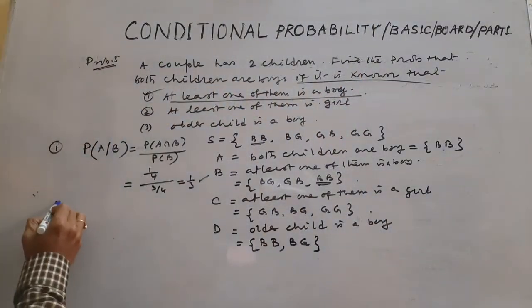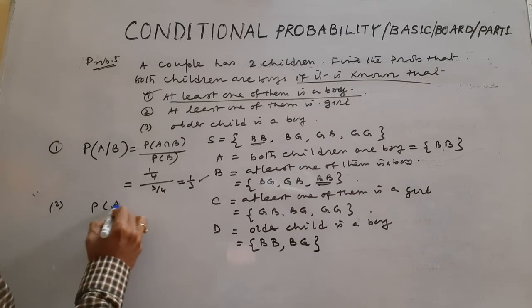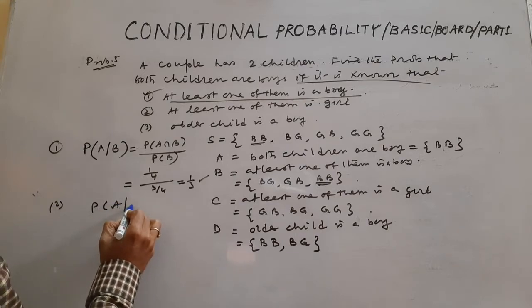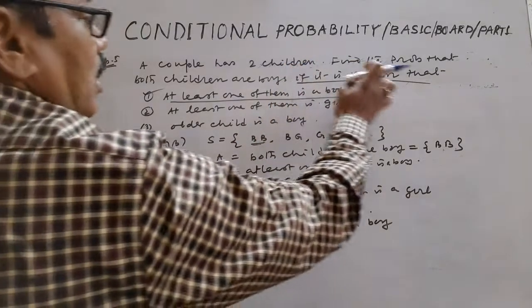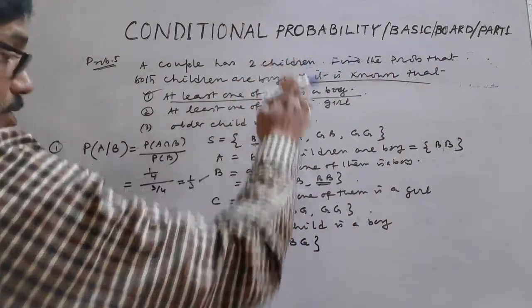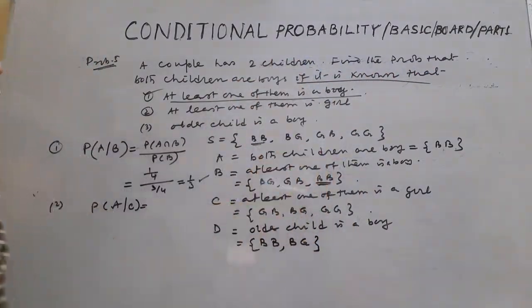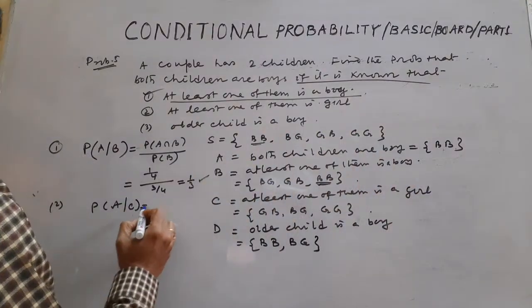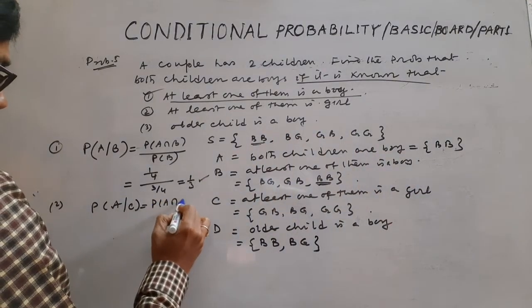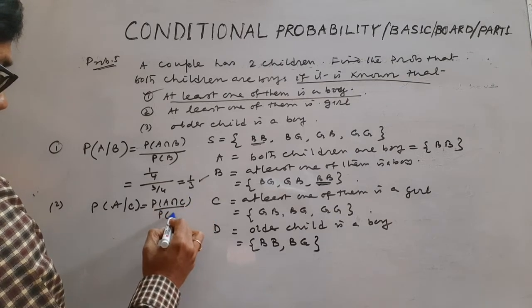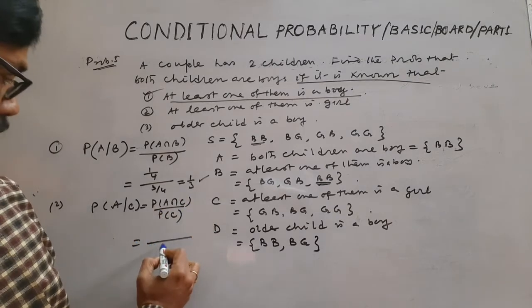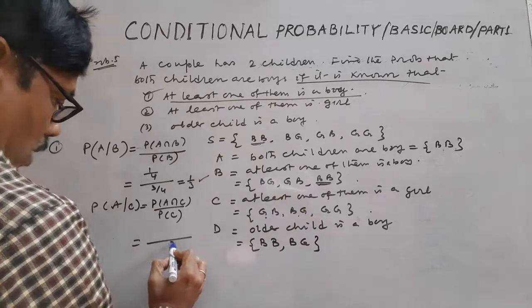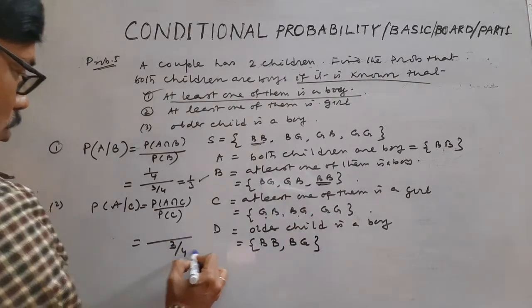Now the second one, P(A by C). Both children are boys under the assumption that at least one of them is a girl. So P(A intersection C) by P(C). So P(C) is 3 by 4.